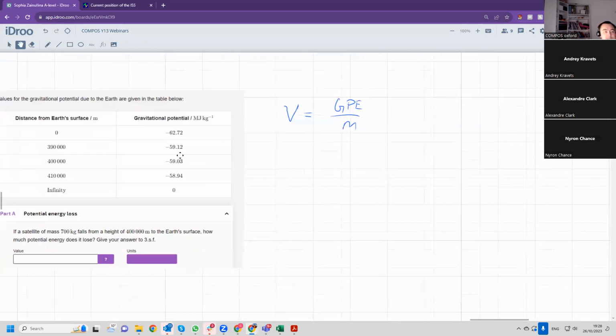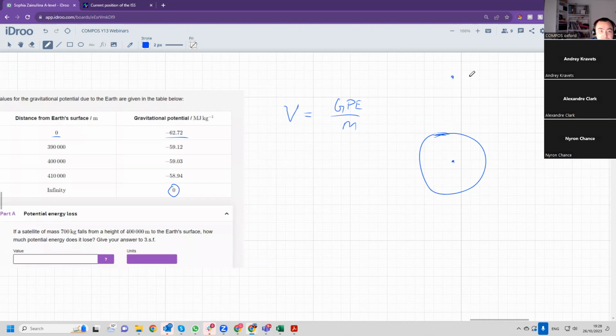So here's a good explanation. At infinity, the gravitational potential is 0. At the surface, the gravitational potential is minus 6.2. Because gravitational potential energy is a measure of how much energy will be converted. Basically, if you fall from infinity, this is how much energy you will gain.